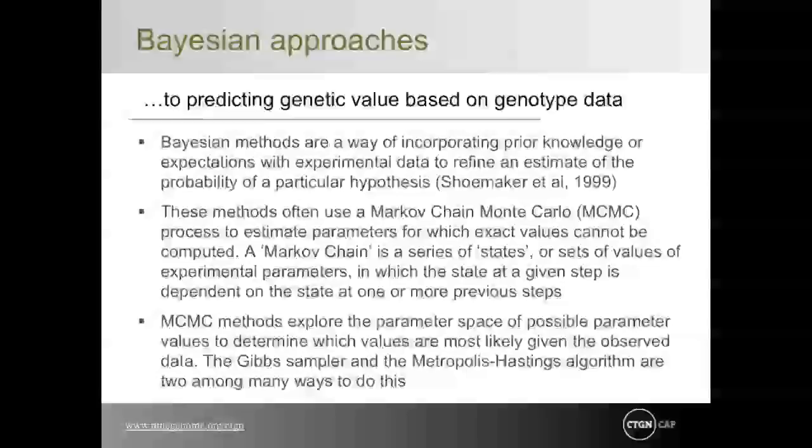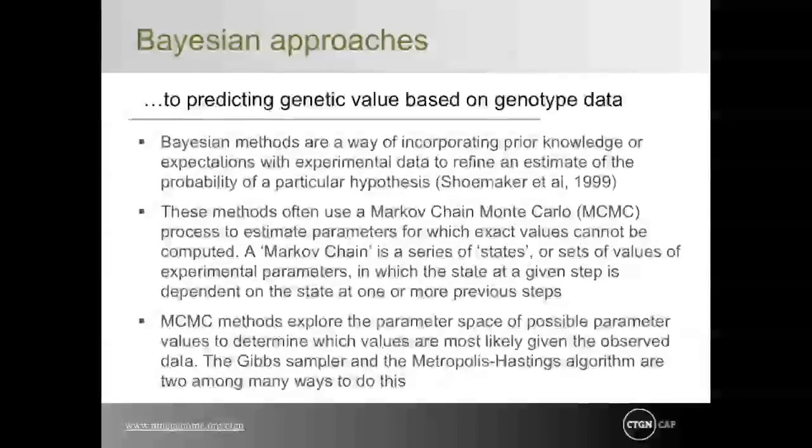Bayesian methods often use a Markov chain Monte Carlo process to estimate parameters for which exact values cannot be computed. A Markov chain is a series of states, or sets of values, of experimental parameters, in which the state at a given step is dependent upon the state at one or more previous steps.